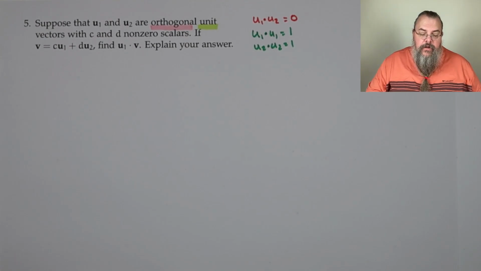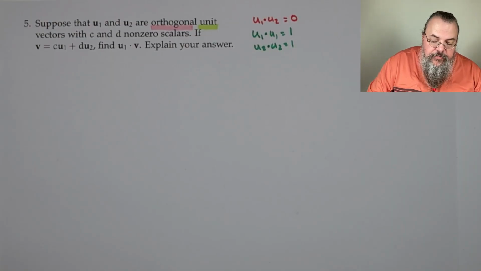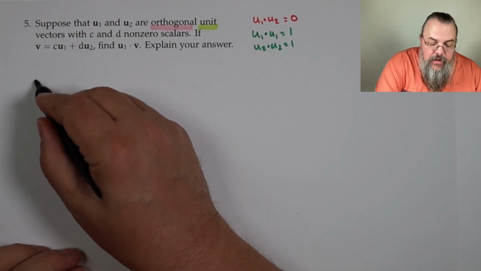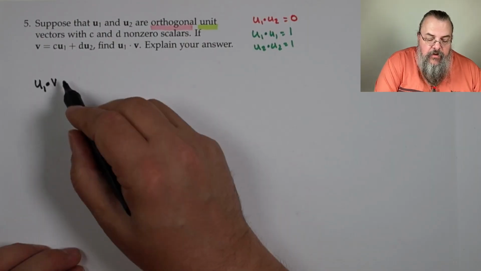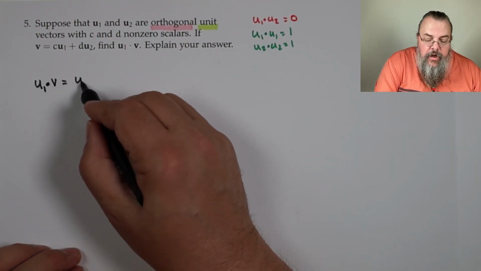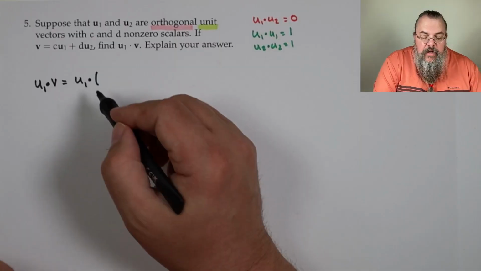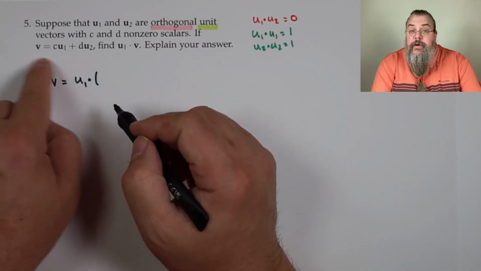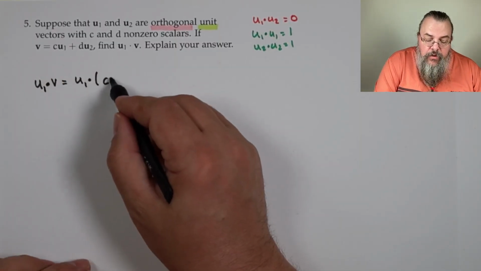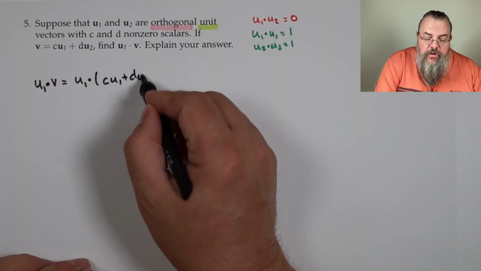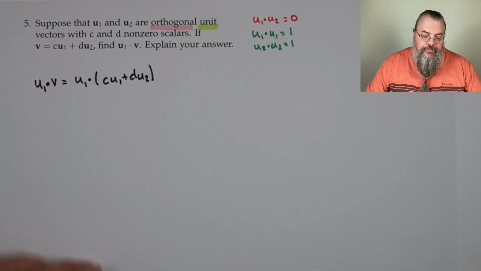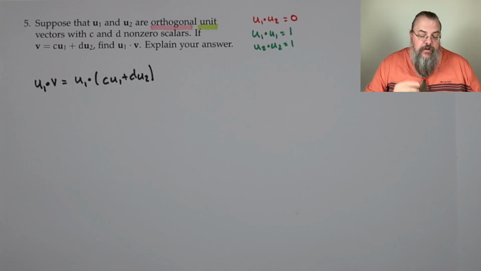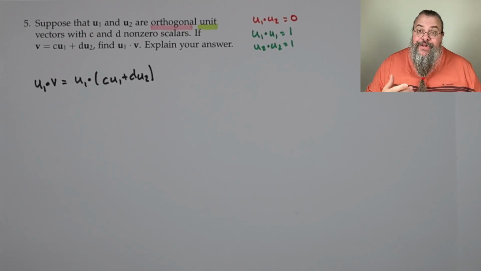All right, well, here we go. So we're going to take u1 dot v. So that's u1 dot, and replace v by what it is, c u1 plus d u2. Now, what can we do? Well, dot product has some nice properties.